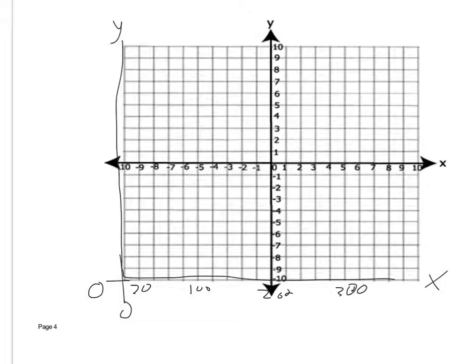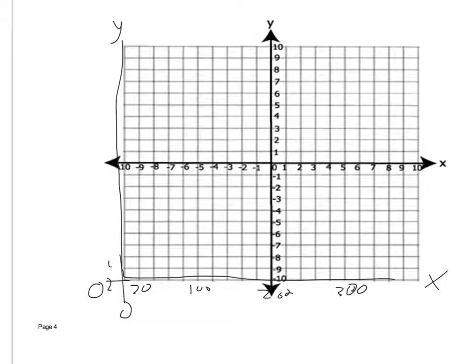Well, let's look at what my y's are going to be. My output is 10, 15, 20, and 25. If I go by 1s, would I meet this? Will I go all the way to 25? So I have to go by at least 2s, right? And that's what I'm going to go.